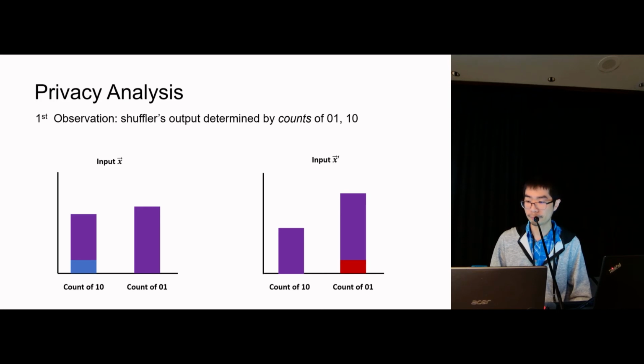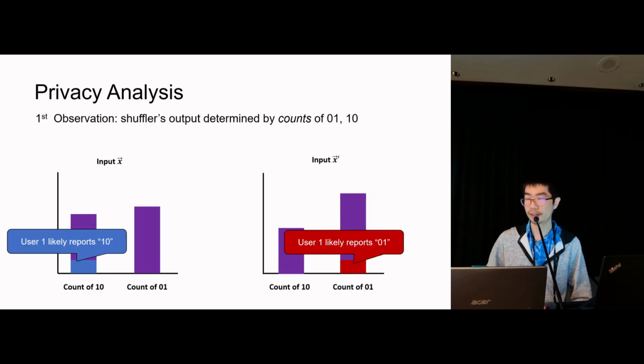Again, we have 2 different neighboring inputs, and the hard case is where we have the modes. Each user reports the mode. This is 1, 0 on input x and 0, 1 on input x prime. We also have fake users contributing messages, so we'll draw them as purple bars. And these are random values.